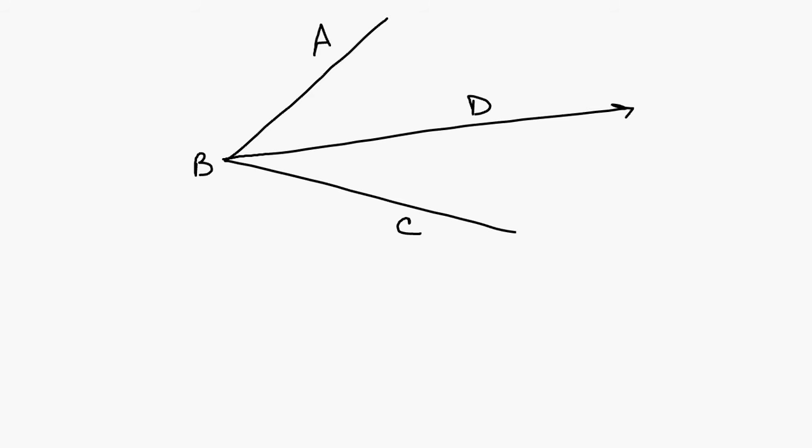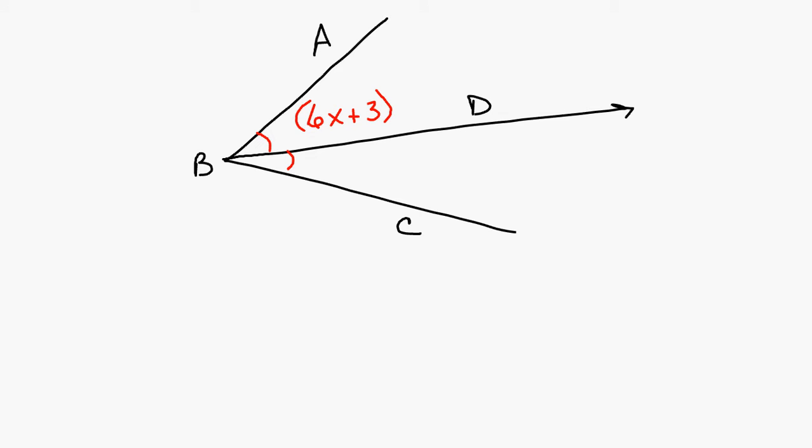And if it bisects it, it splits it in half, and aren't these two angles congruent? It says the measure of ABD is 6x plus 3. So ABD is 6x plus 3. And the measure of DBC is 8x minus 7.